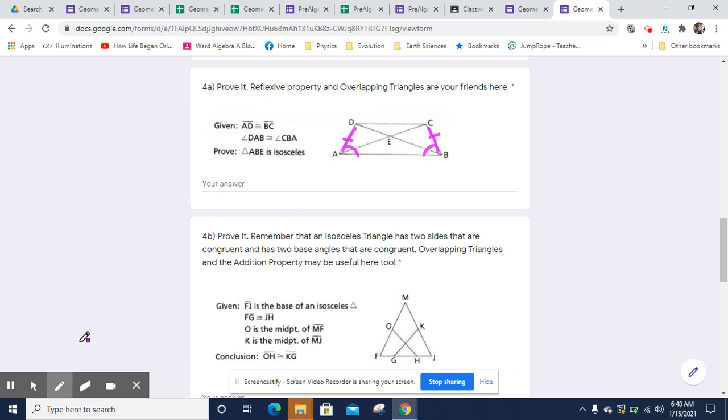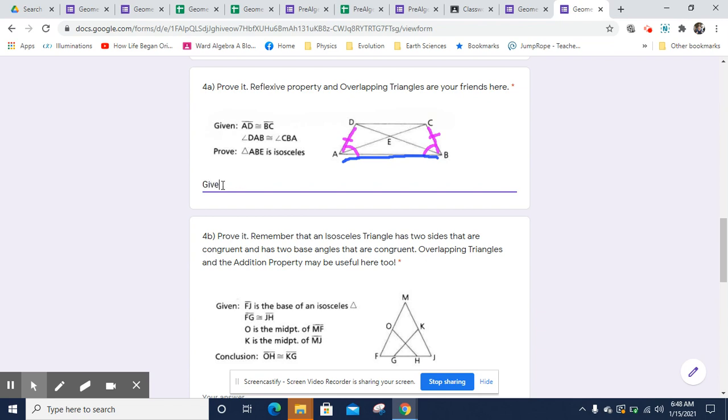So we won't need addition property at all. And we have that both of those triangles share the same side. So that's where the reflexive property is going to come in. So we will be able to prove that this side is congruent to itself based on the reflexive. And I think that will lead us to the base angles, which will lead us to the opposite sides being congruent, which will lead us to isosceles.